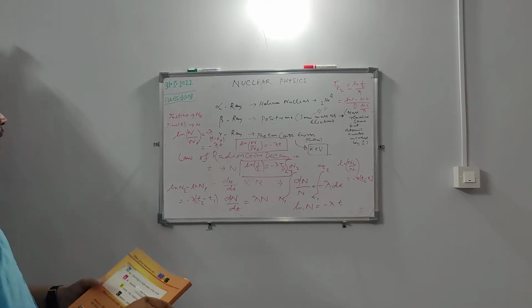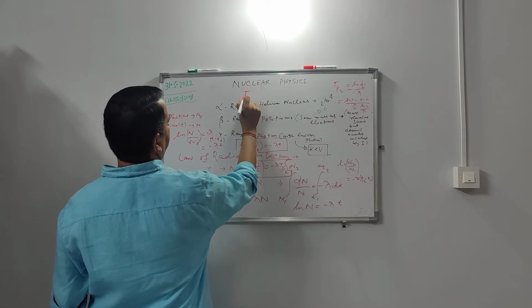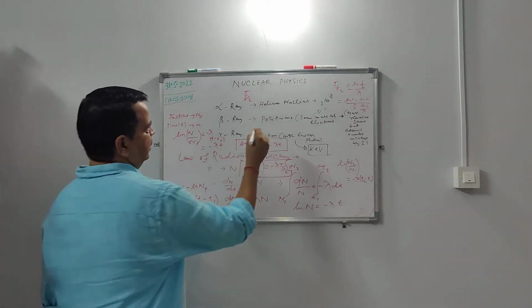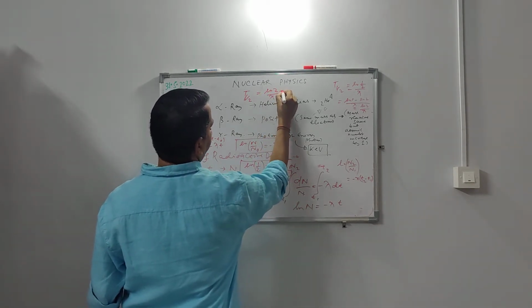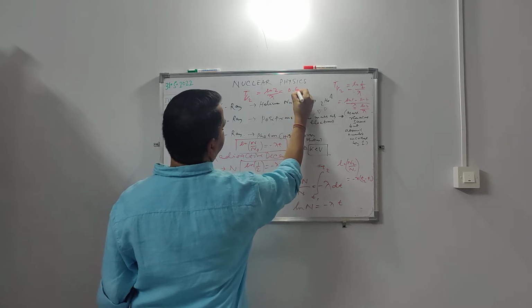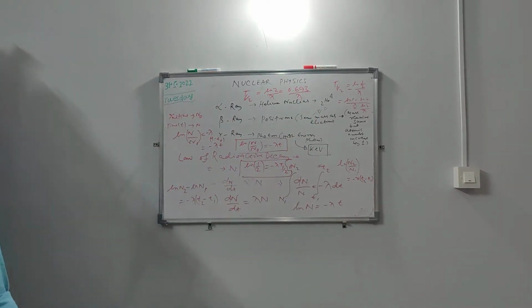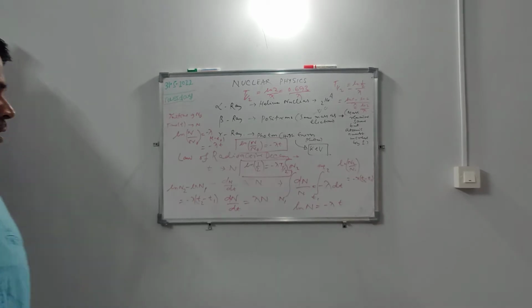So t half, just remember this much only. T half or half life period is equal to ln 2 by lambda, which is nothing but 0.693 by lambda. So this is my formula for half life. You will get numericals on half life.